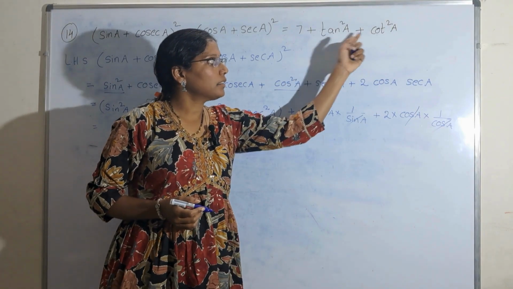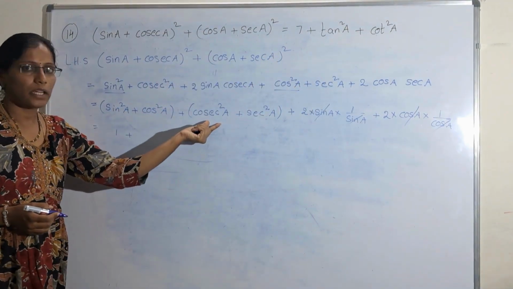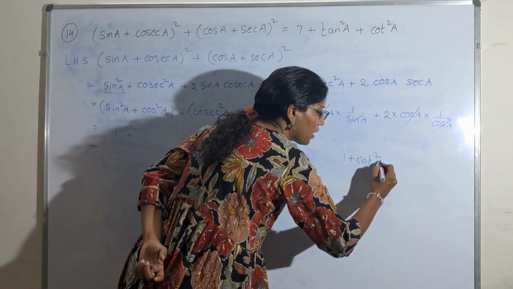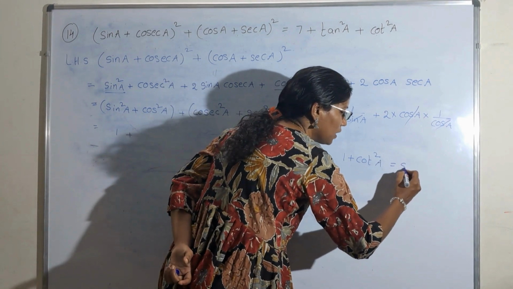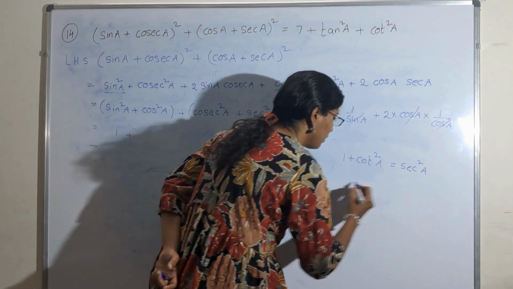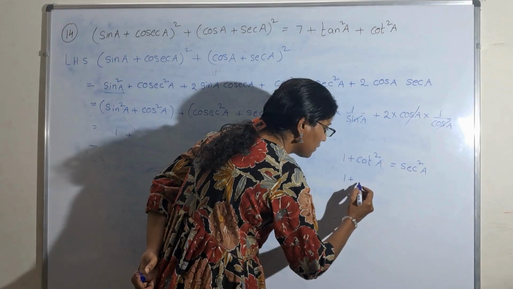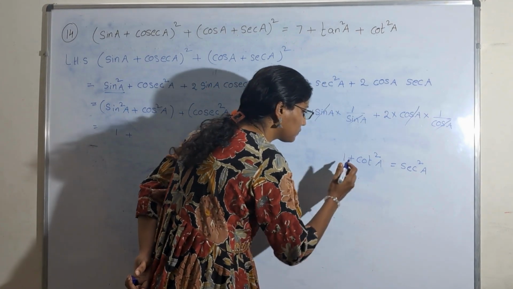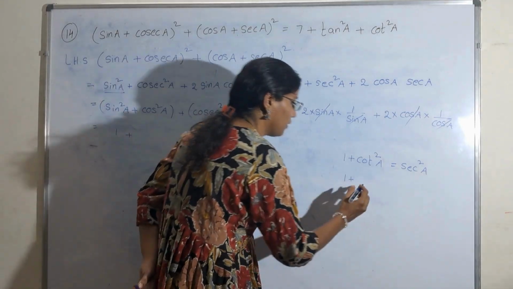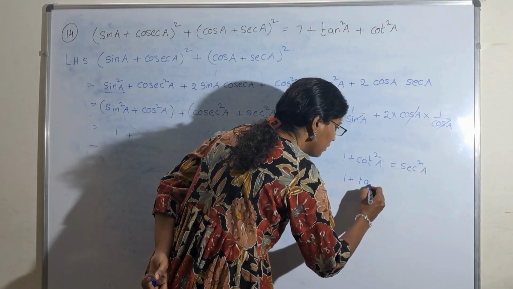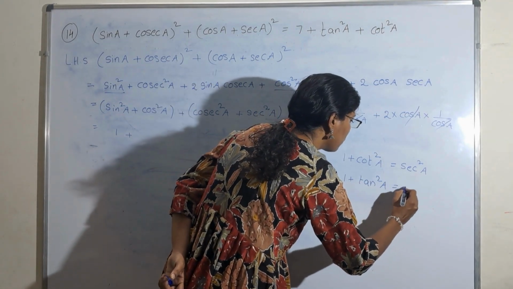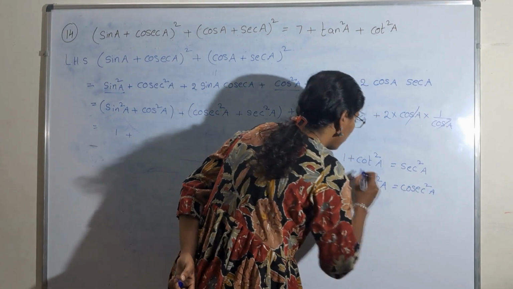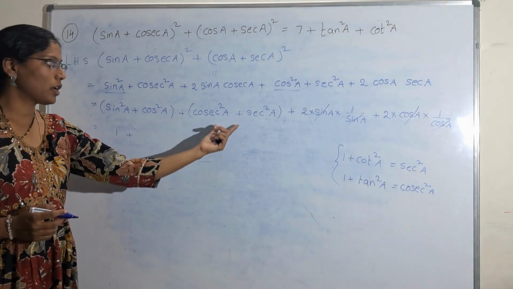Our answer is in tan and cot only. For cosecant square A and secant square A, we can use identities: 1 plus cot square A is equal to cosecant square A, and 1 plus tan square A is equal to secant square A. These two formulas you should apply here.